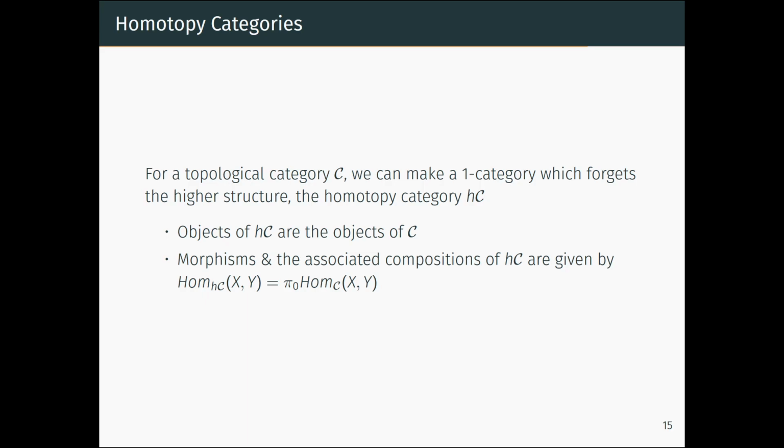We can define our homotopy category to have the same objects, and for morphisms we just take the connected components of our space, so you only care about the homotopy class of morphisms. And this actually turns out to capture a bunch of the information of our category.